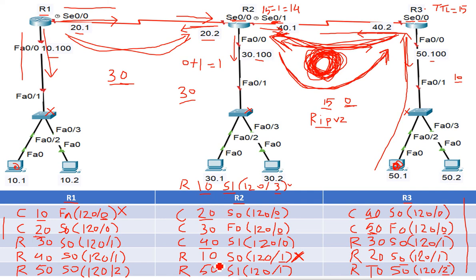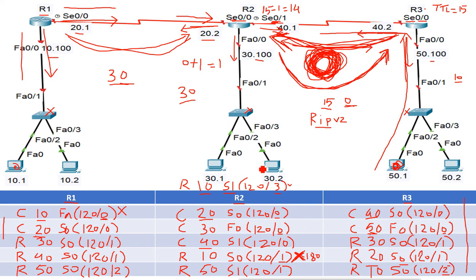So what will the hold down timer do? Once router 1 tells router 2 that network 10 is gone, it will mark this network as down, but it will not remove the entry. Remember, it will not remove the entry until 180 seconds, because maybe in the next update router 1 will say that the network is available again.